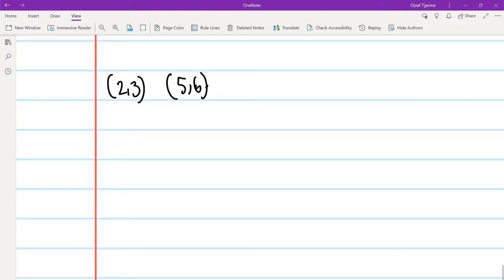Sorry, guys, give me a second. I have to connect my laptop. You want to write a formula that's between these 2 points.